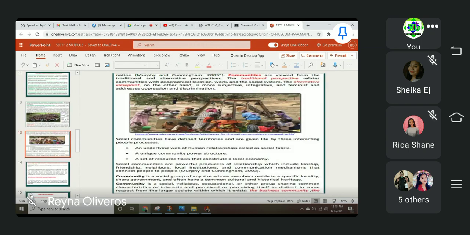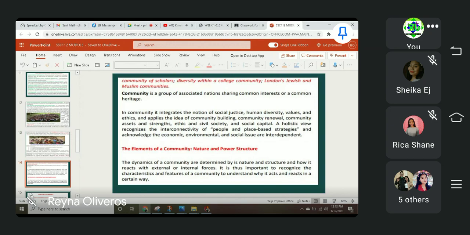Okay. So dito na tayo sa community. Okay? So sabi dito, community is a group of associated nations that is sharing common interests or a common heritage. Okay? And in a community, it integrates the notion of social justice, human diversity, values, and ethics, and applies the idea of community building, community renewal, community assets, strengths, ethics, and civil society, and also social capital.